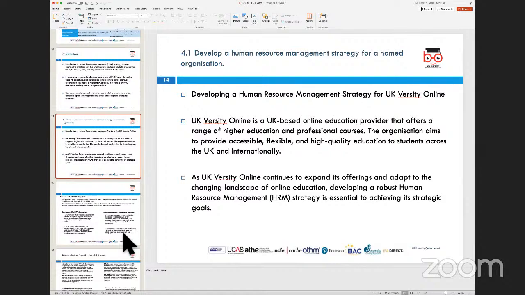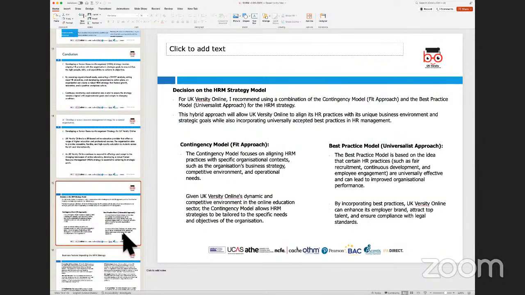Now, when the HR strategy has to be developed, what models do we follow? What models do we deem fit within an organization like UK Versity? So here are the two models that we feel are fit for developing a strategy. One is the contingency approach model, because we work in a highly competitive landscape where things are always evolving.